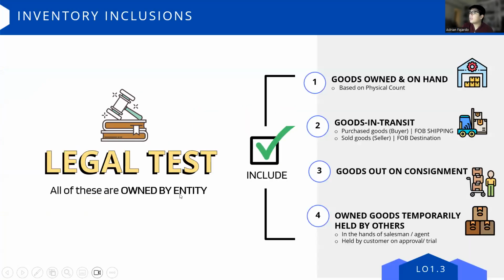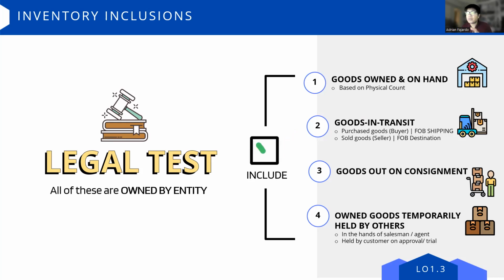So with that, there are 4 scenarios in terms of ano ba yung included. So ano ba yung mga included? Number 1 is we include inventory that the company owns and is on hand. So usually yung binibilang nyo as physical count, that's part of our inventory. Number 2, any goods in transit that tayo yung may ownership pa rin. We include that as our inventory.